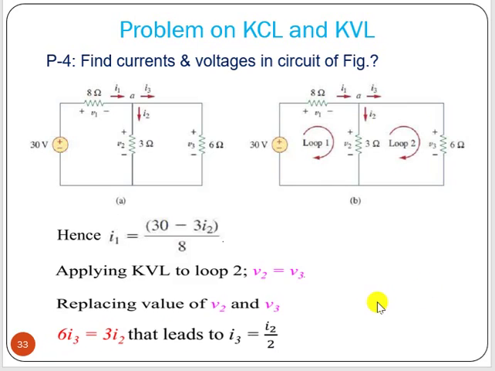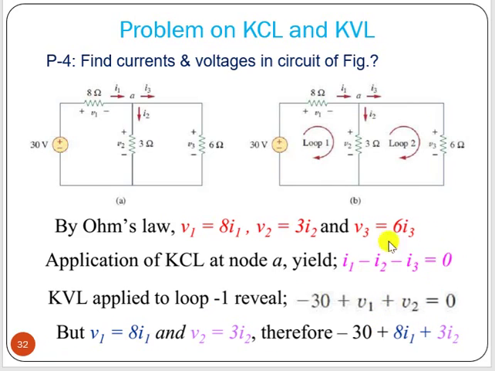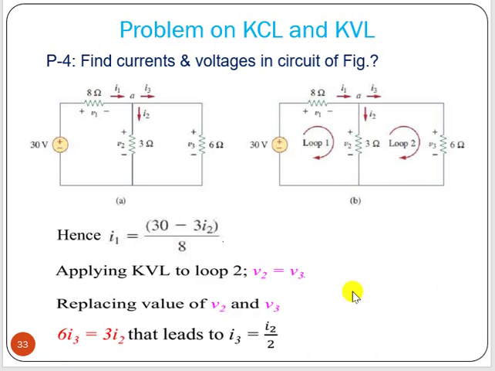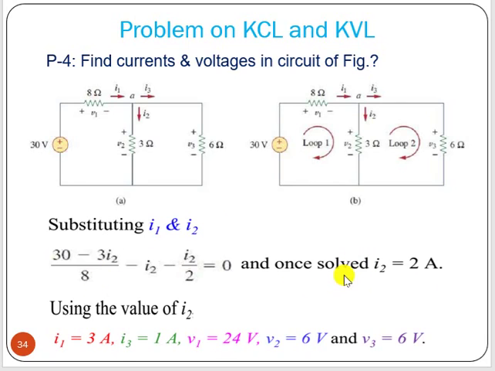In the equation I1 minus I2 minus I3 equals 0, because I1 we got in terms of I2 and I3 we got in terms of I2, we solve it and get I2. Then using the value of I2, we can find I1, V1, V2, all these parameters.